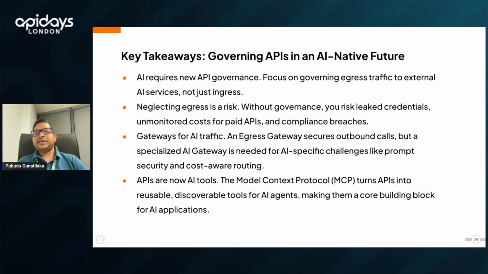That's where the egress gateway comes into the picture, with more focus on the AI gateway, where you can add QoS to your AI services. Then you have the idea of how to convert your APIs into AI tools so that your AI agents can consume these tools with MCP support. So this is the high-level idea of what we discussed today.